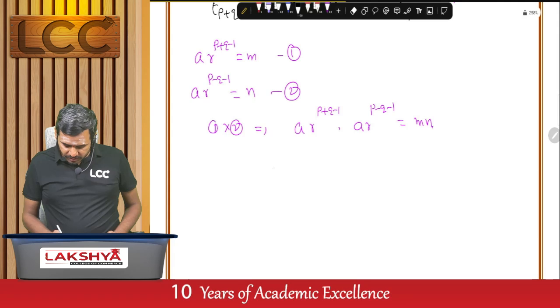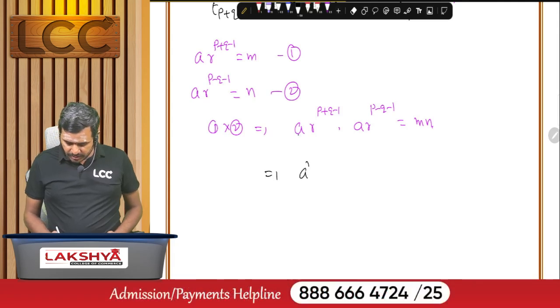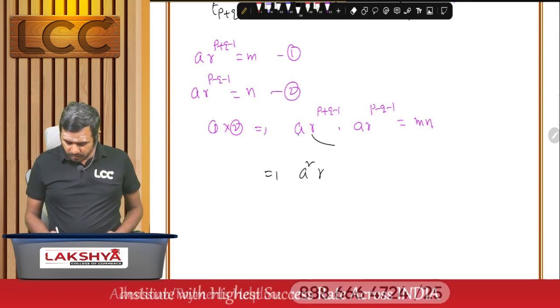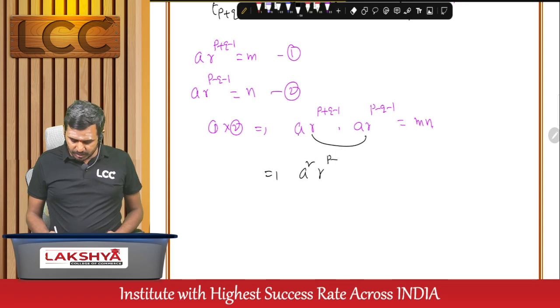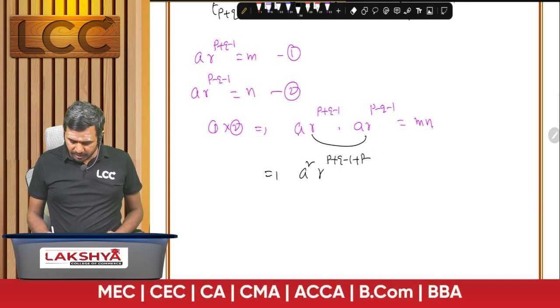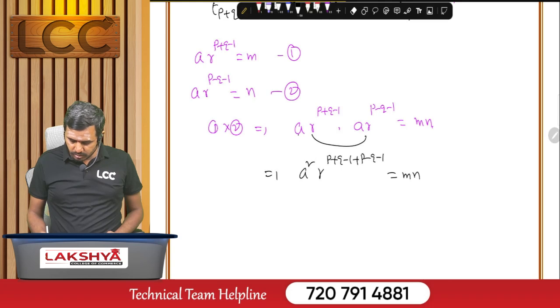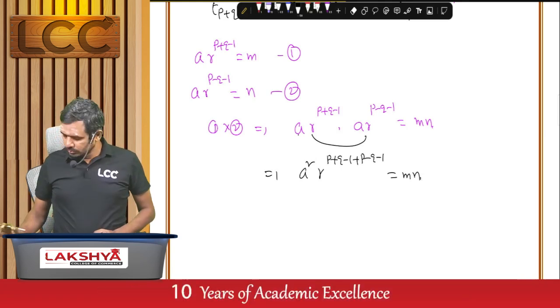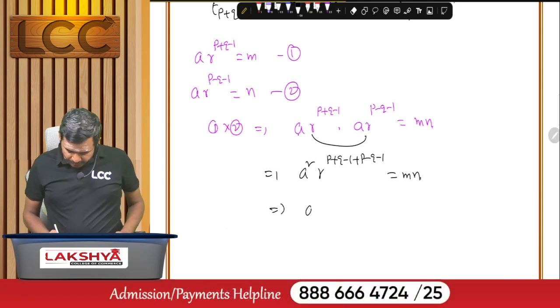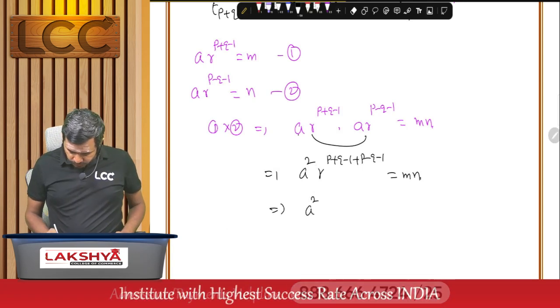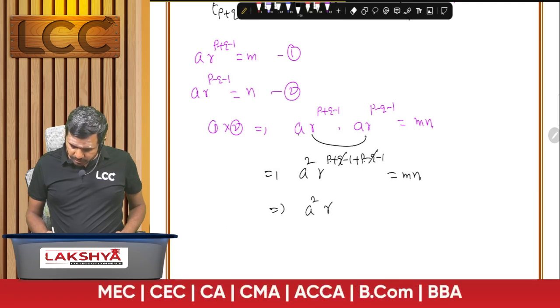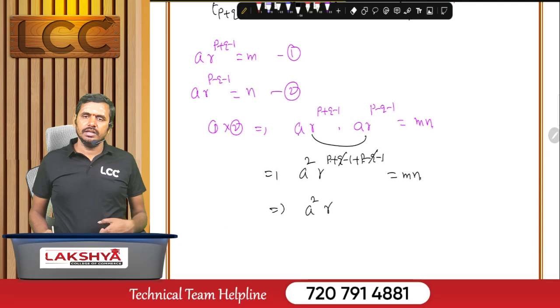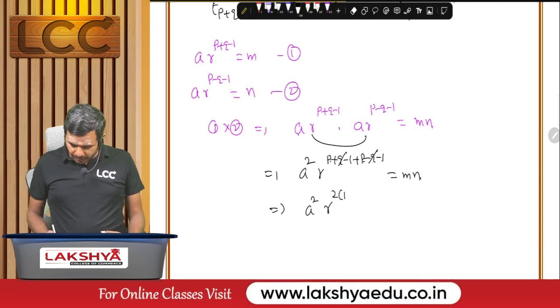Now observe this. A into A is A square, R power, see bases are equal, powers are added, P plus Q minus 1 plus P minus Q minus 1 is equal to MN. This implies A square, R power, negative Q and positive Q cancel, P plus P is 2P, minus 1 minus 1 is minus 2, that is 2 times P minus 1, is equal to MN.